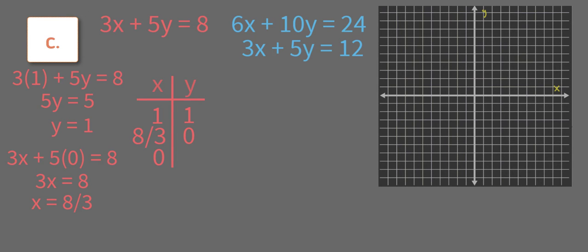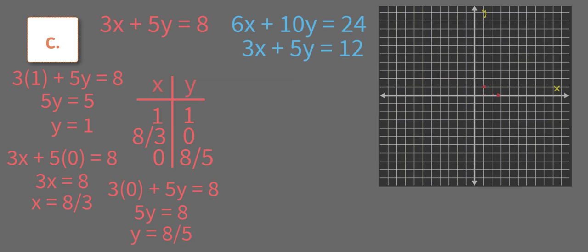So then I have when x equals 0, 3 times 0 plus 5y equals 8. So y equals 8/5, or 1 3/5. So we have 1, 1, which I'll just plot right here. We have 8/3, 0, so 2 2/3, 0.